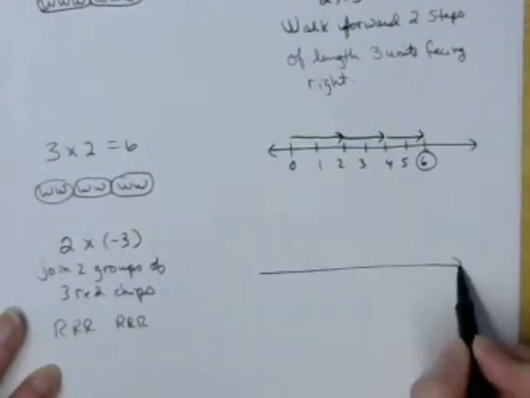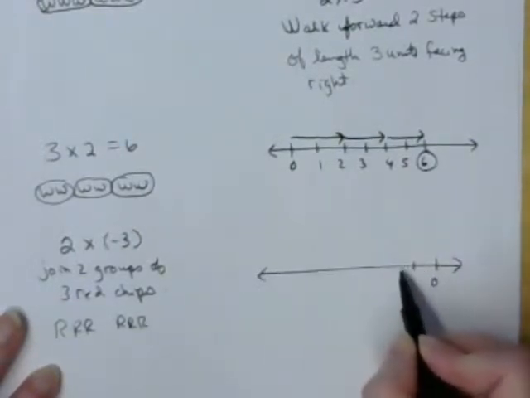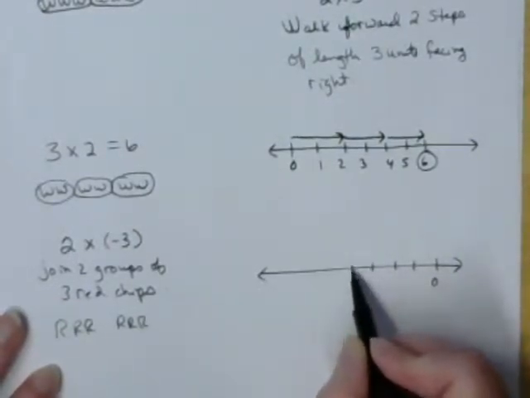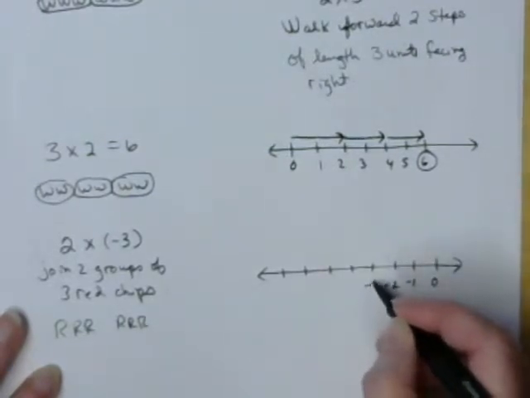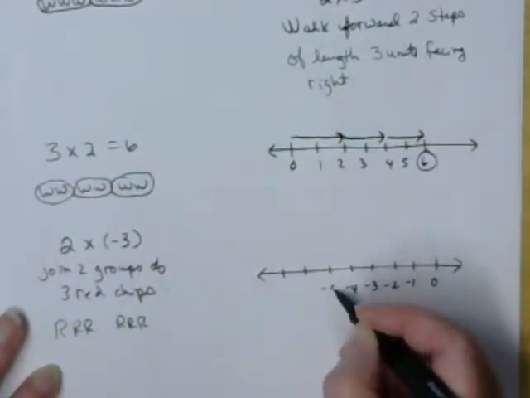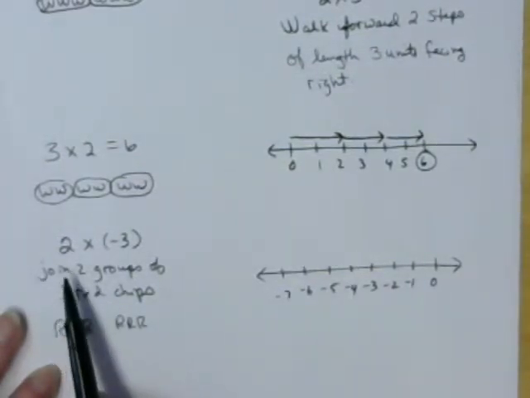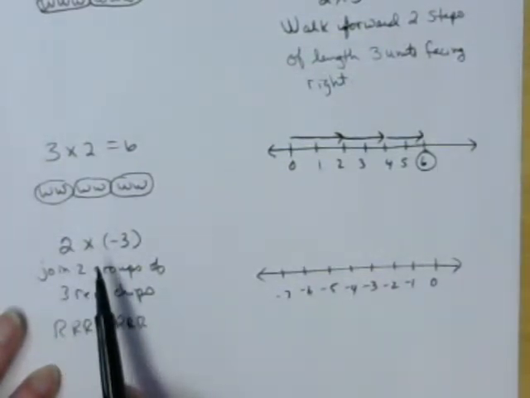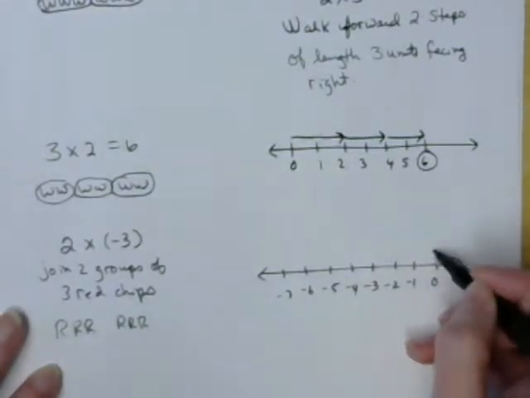If I do this with my number line model now, and again with some foreknowledge about how this is going to turn out, I'm going to draw this section of the number line for my representation. So this is saying that I want to walk forward 2 steps of length 3 units, but this time I'm facing left when I take those steps.